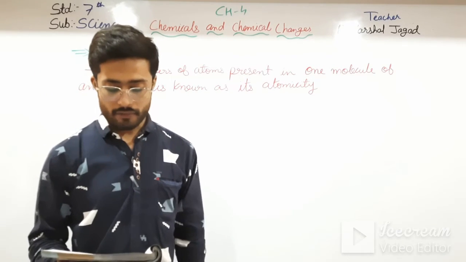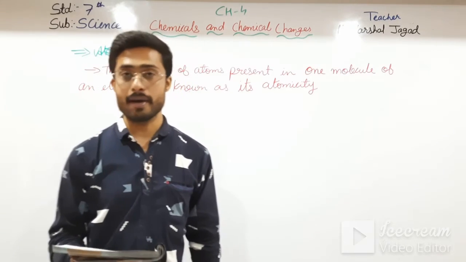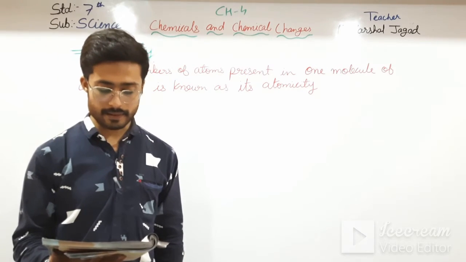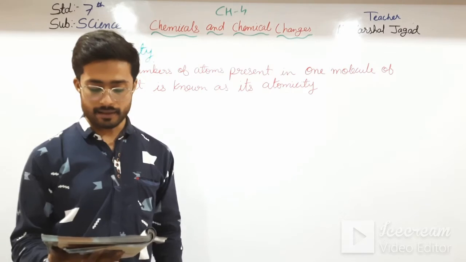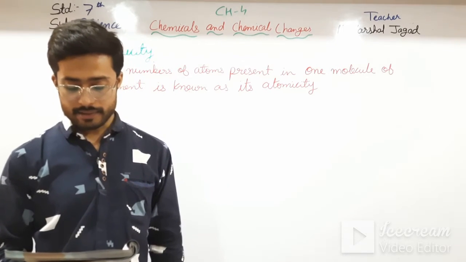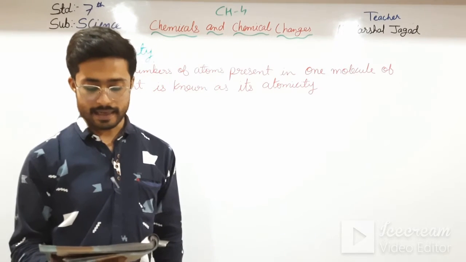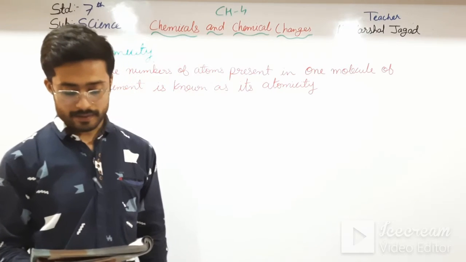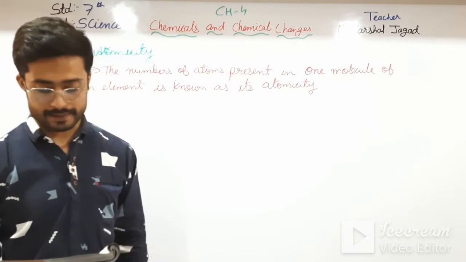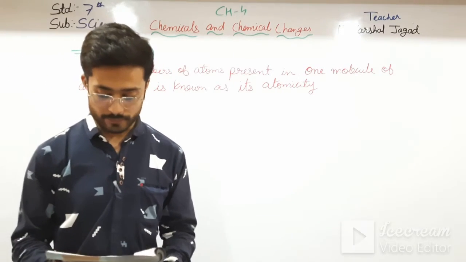A molecule of an element is represented by specifying the atomicity as subscript to its chemical symbol. For example, the chemical symbol of hydrogen is H and its atomicity is 2. Thus, one hydrogen molecule can be represented as H2.